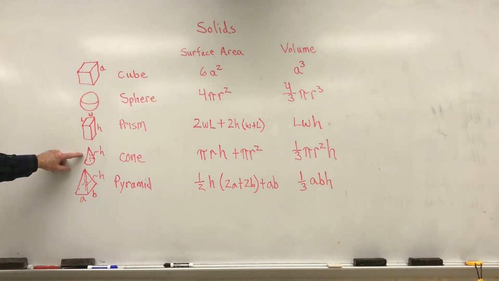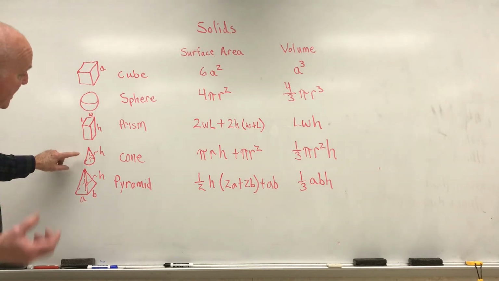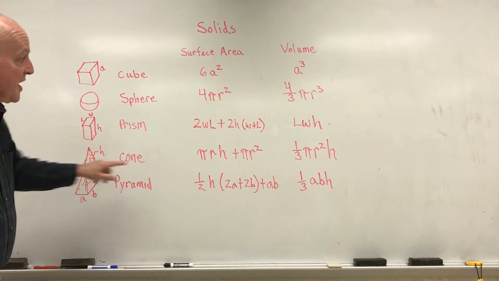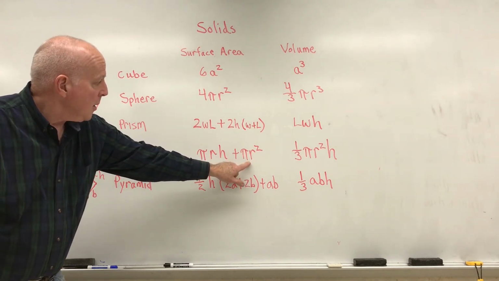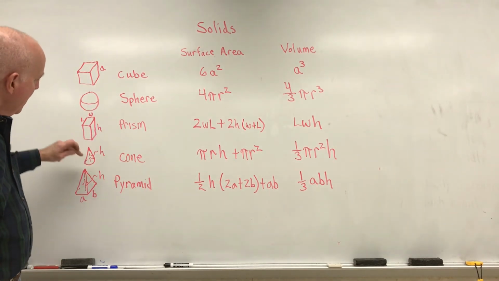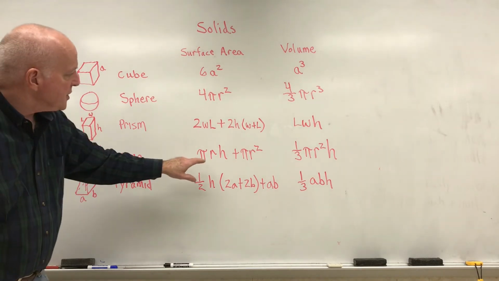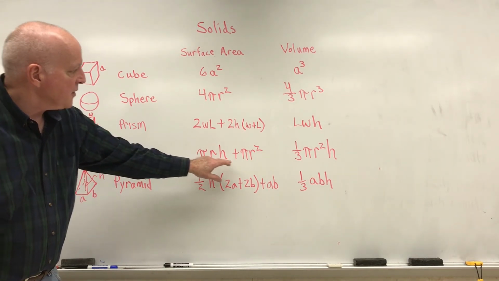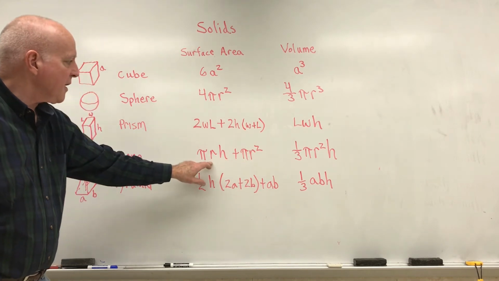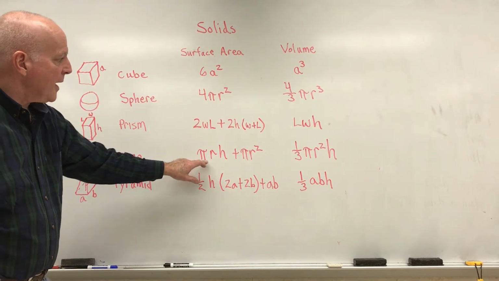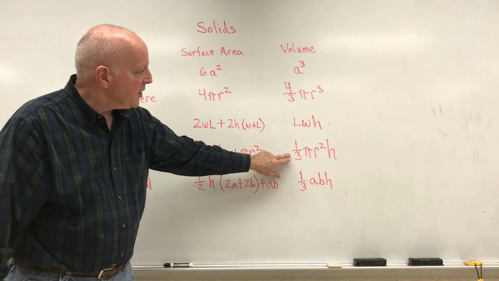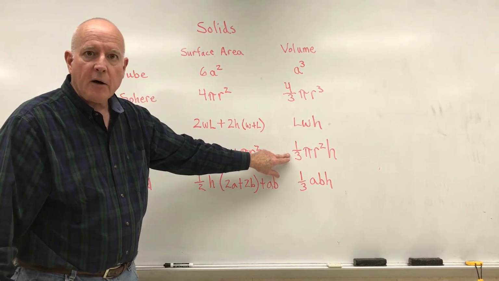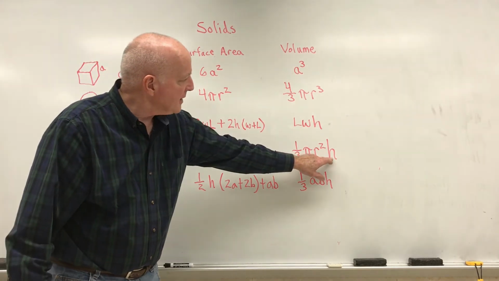For a cone, the surface area is going to be comprised of the area of the bottom, which is the area of a circle, plus the area of the surface, which is pi r times h. So the area of the base plus the area of the cone, which is pi r h, and the volume of the cone is 1/3 pi r squared times the height.